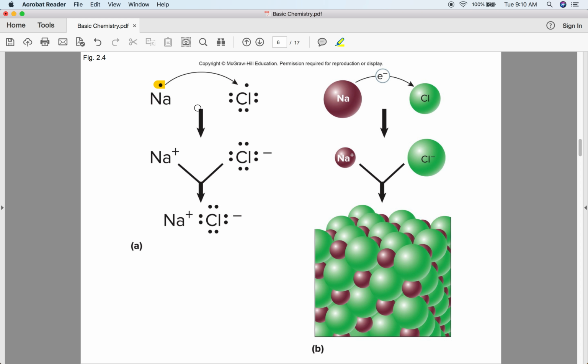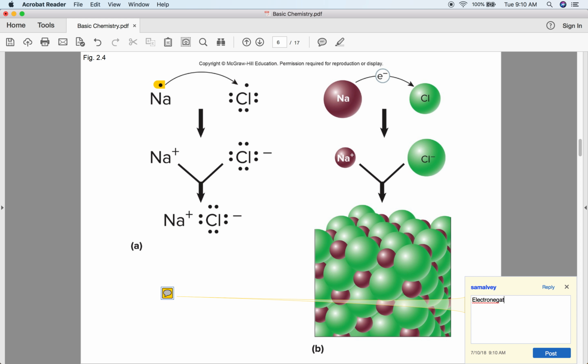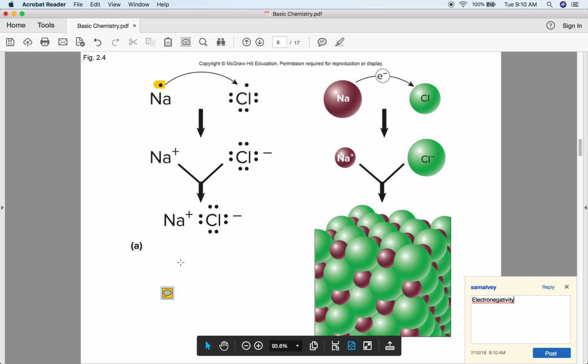Now, the other term we need to introduce is electronegativity. Electronegativity is the ability of an atom to hold its electrons.